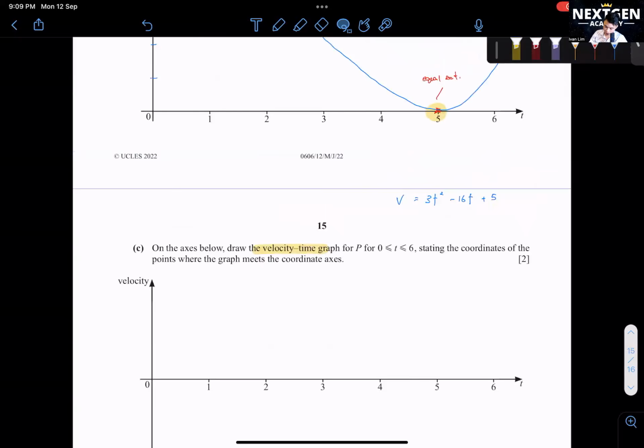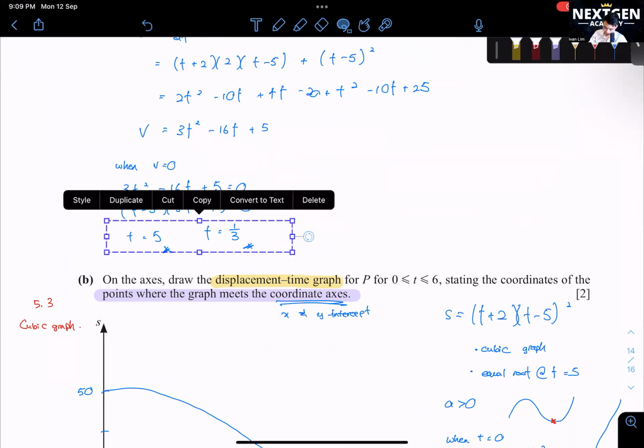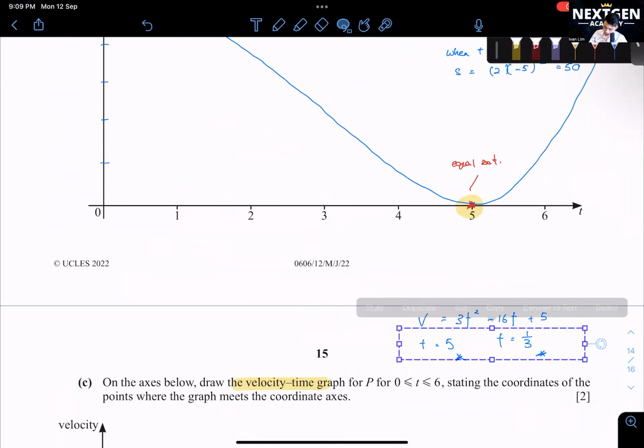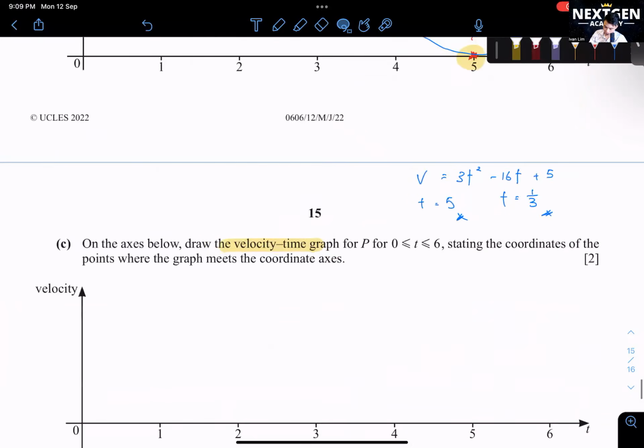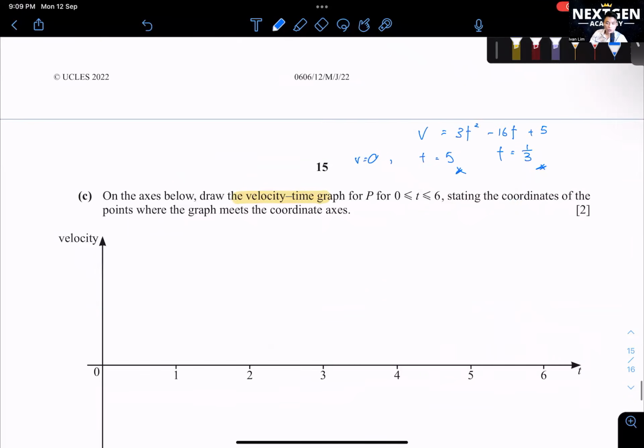Then another thing that we found also is that when v equals 0, t equals 5, and t equals 1 over 3, right? So this is not a kinematic question again. This is a quadratic graph question. So we always use the SIM method. So SIM method means what?